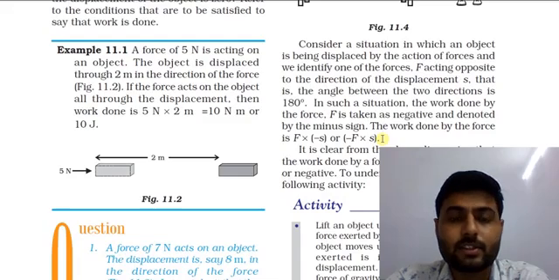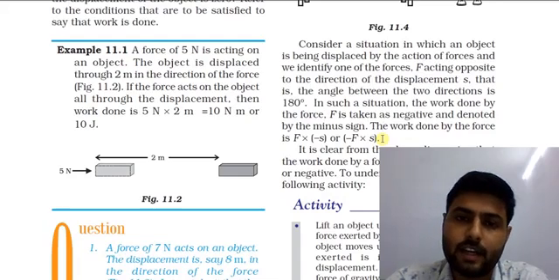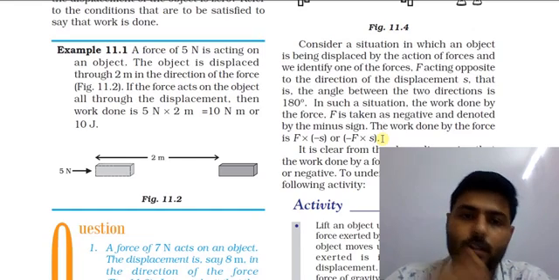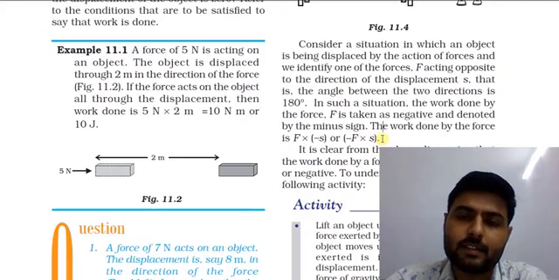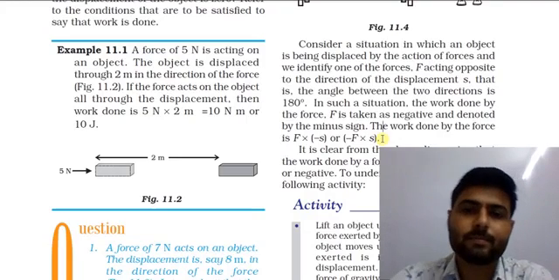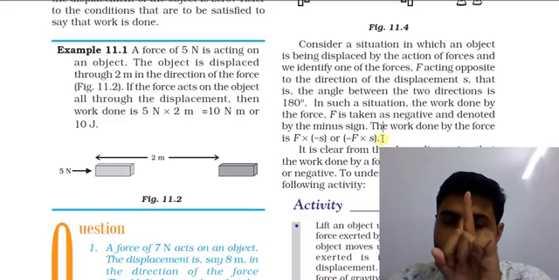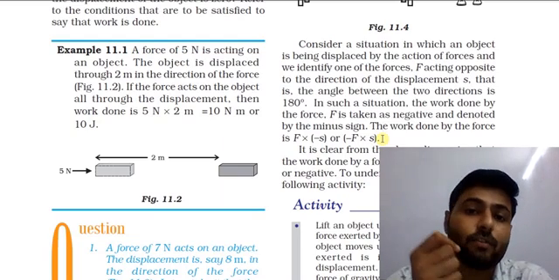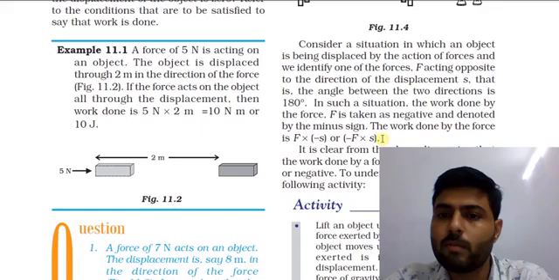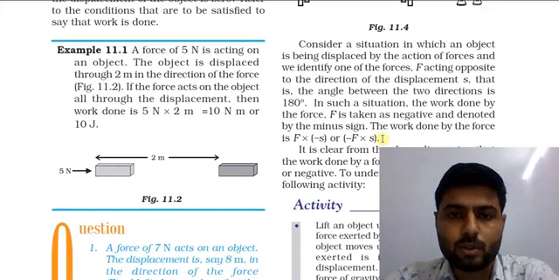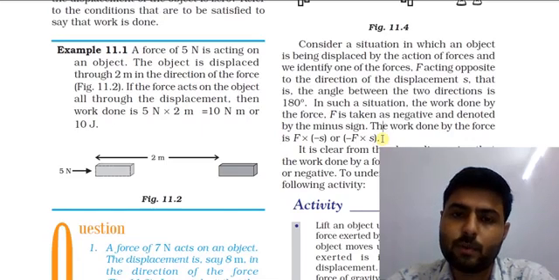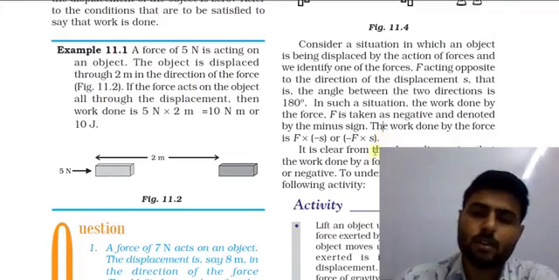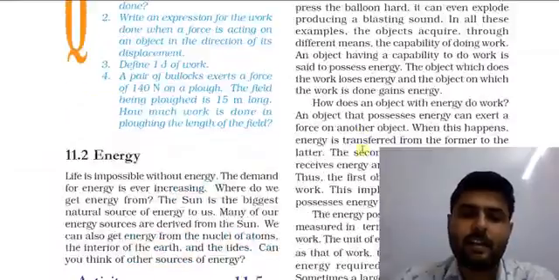But if I consider the self weight of the bottle, that is W, that is due to gravitational force. This gravitational force, we know, is always acting downward. So the displacement of the bottle is in the upward direction and the gravitational force, or say the weight of that object, is in the downward direction. So in this case, work done by gravitational force will be negative. So we have positive work done and negative work done.